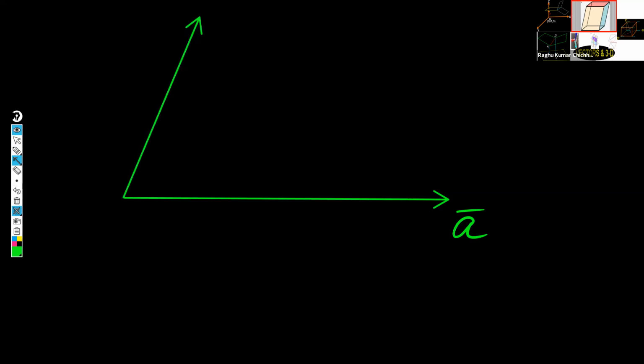Now, I'm taking a vector, A bar, and taking up another vector, B bar.